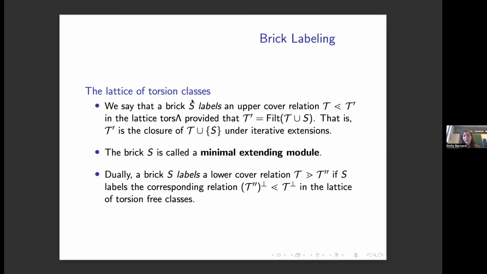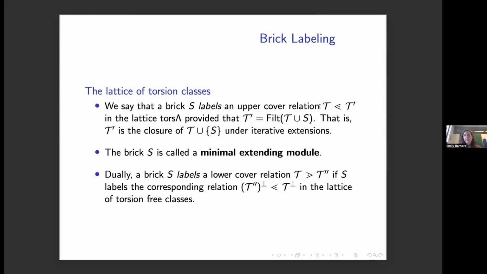I call this the brick labeling for the torsion classes. What we're going to do is take every edge in the picture from the previous slide. That's a relation between 2 torsion classes called a cover relation. It's just saying that this torsion class is contained in T prime, and there's no other torsion classes between them.